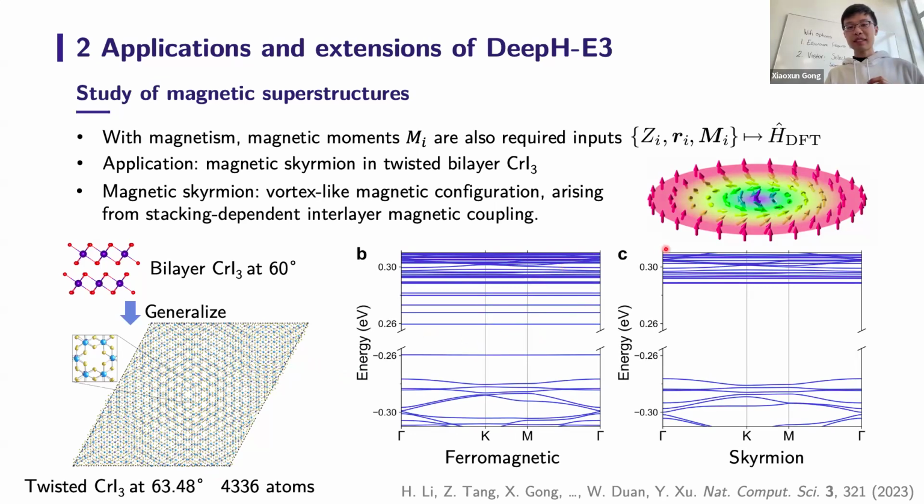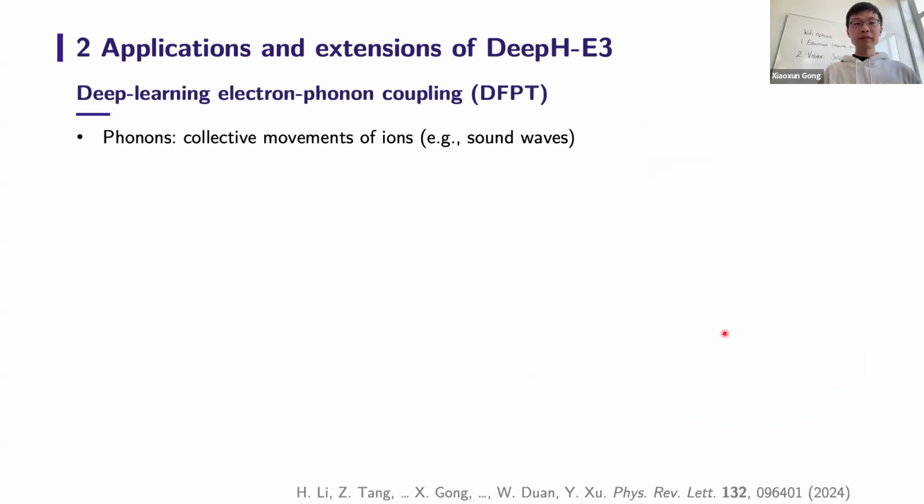But if we make the twisted crystal a magnetic skyrmion structure, then all of these bands simply disappear in the DFT band structure. This has not been experimentally confirmed yet, but it definitely demonstrates the effectiveness of our method, and it opens up future experimental and theoretical investigations.